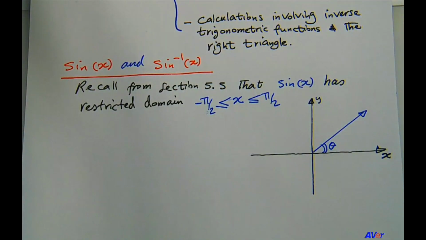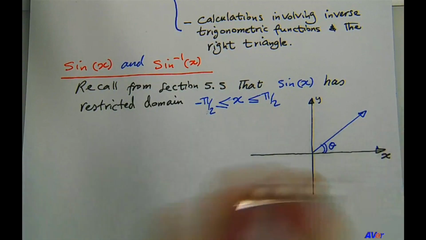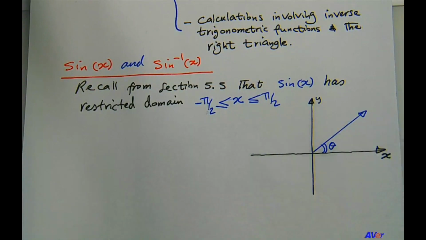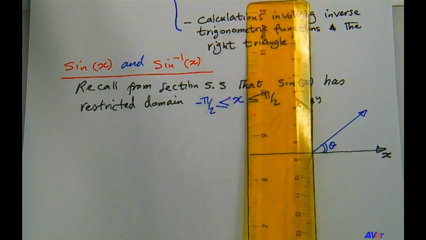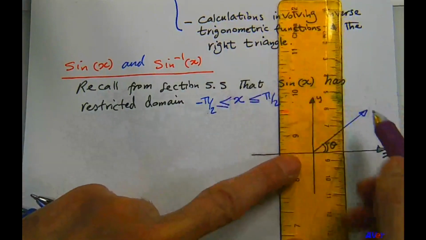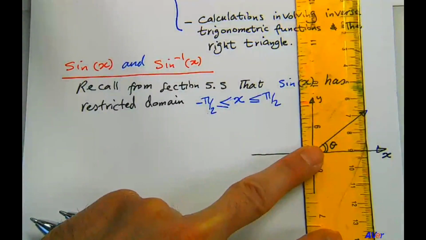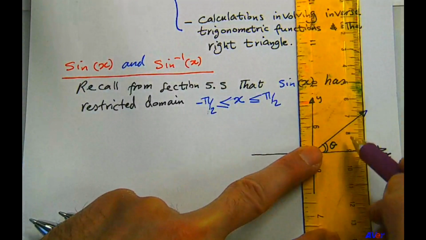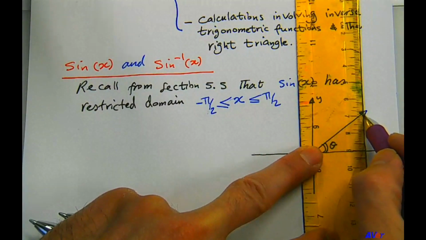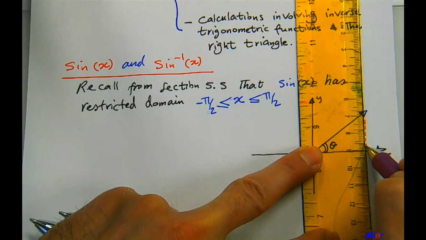And we're going to be talking about right triangles quite a bit in this section. So let me construct a rough right triangle based on this terminal side. I'll just make it dashed.